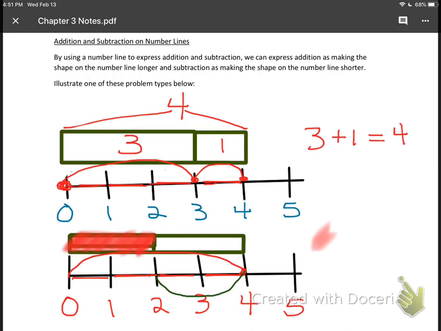So we started at 4, and we went back 2. So I can see that my box landed right here in the red, which only gives me 2 lengths on the number line. So that would be a subtraction problem that you can illustrate this way.